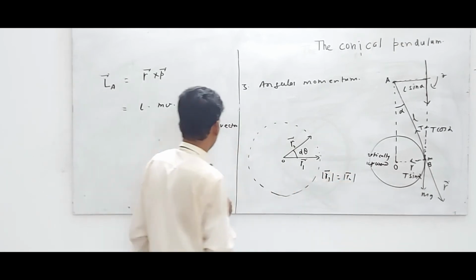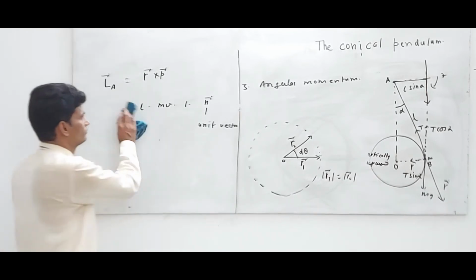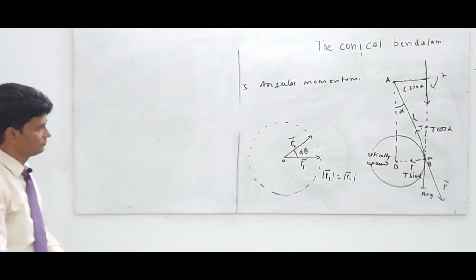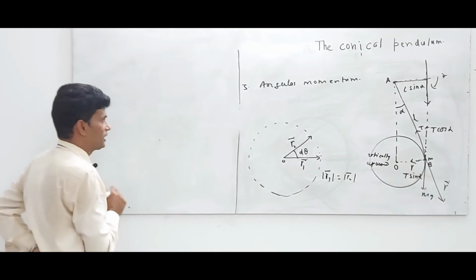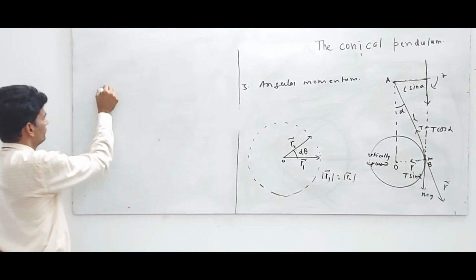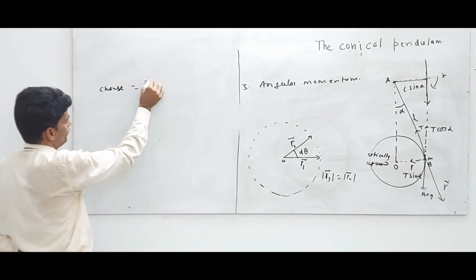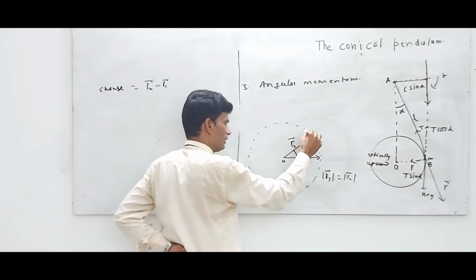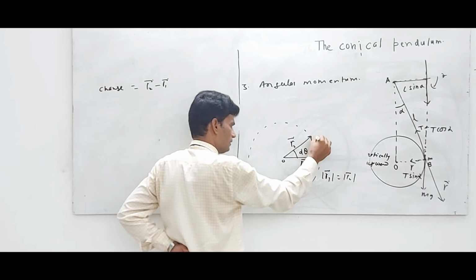Now we are going to find the change: R2 vector minus R1 vector. How can one find this change? This is taken as, say, delta R vector.